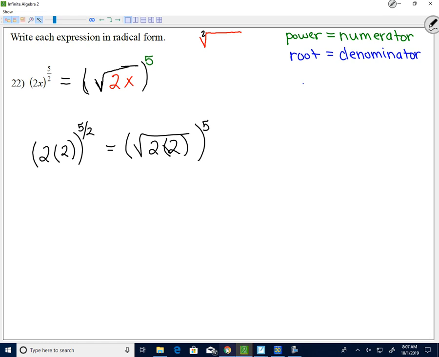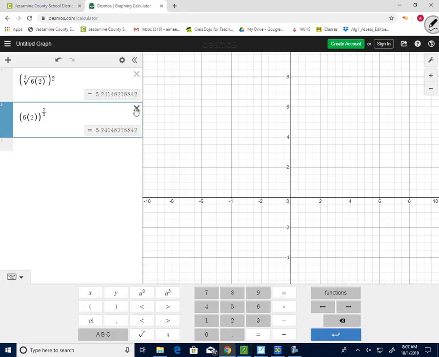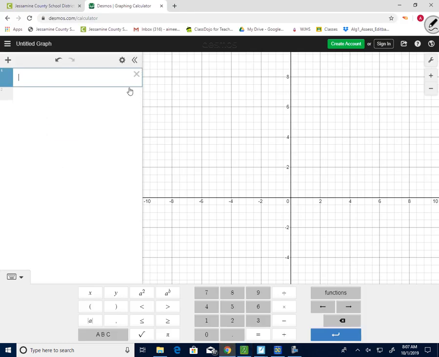So let's switch over to a calculator, clear it out here, and it's parentheses 2, and when I substitute in, I like to use parentheses so that I know it's 2 times 2 versus 22, and I want to raise that to the 5/2 power, and that's telling me it's equal to 32.